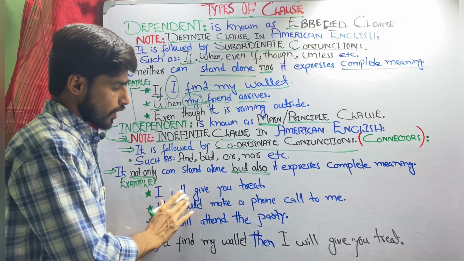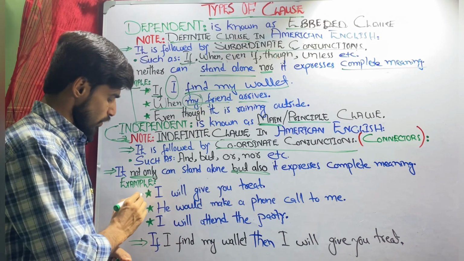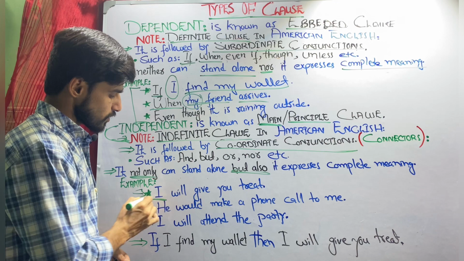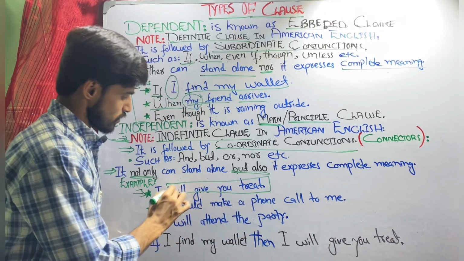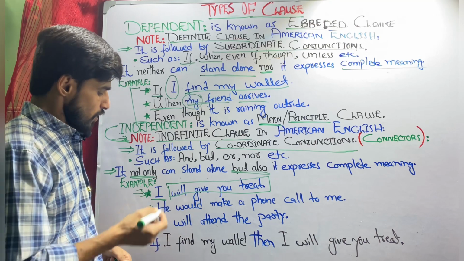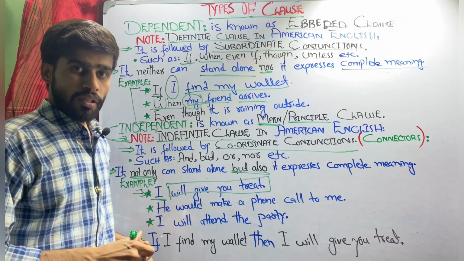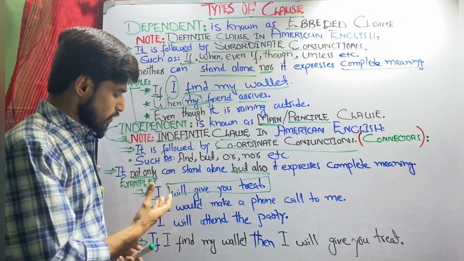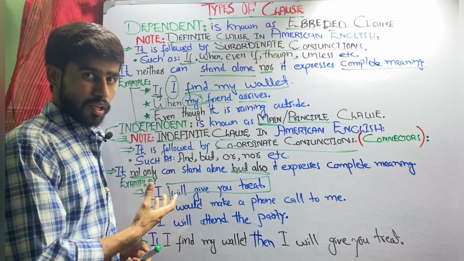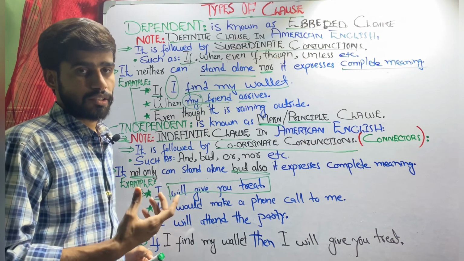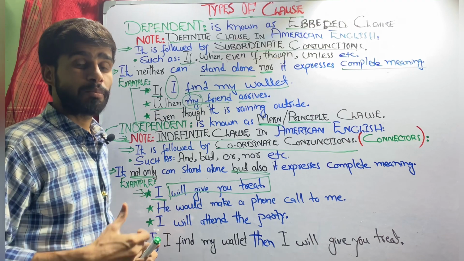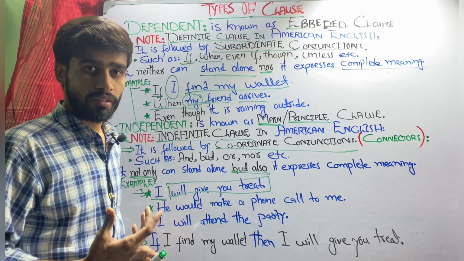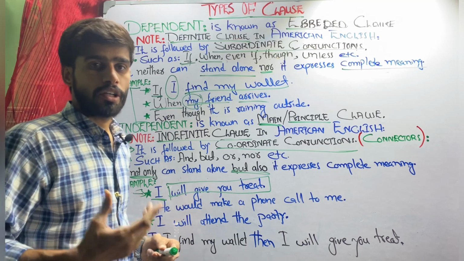For example, "I will give you a treat": I is the subject and "will give you a treat" is the predicate. We can call it a sentence, because an independent clause can be a sentence by itself, and a dependent clause cannot.